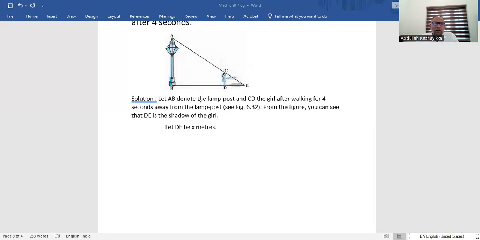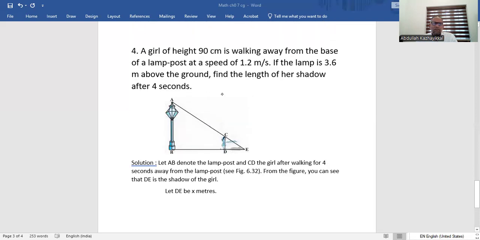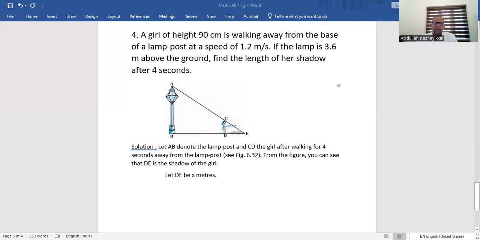AB is the lamp post. Now we can mark what is given there. What is given there? One thing, the girl's height is 90 centimeters. So 90 by 100, that means 0.9 meter. Make everything in the same unit. Okay. Now, please.